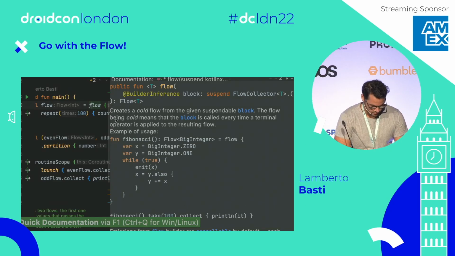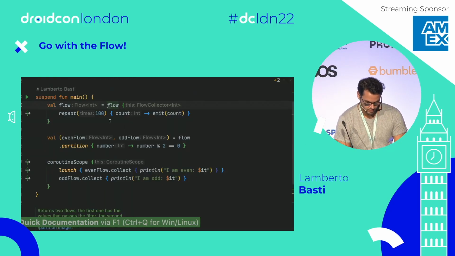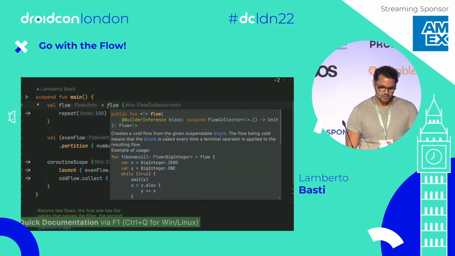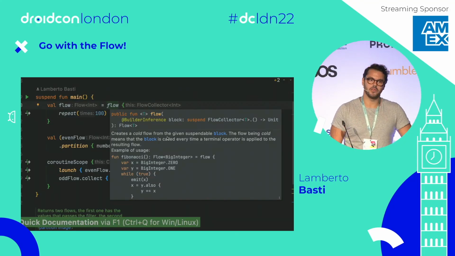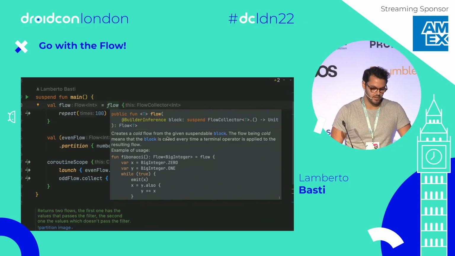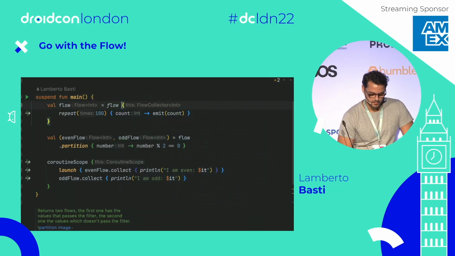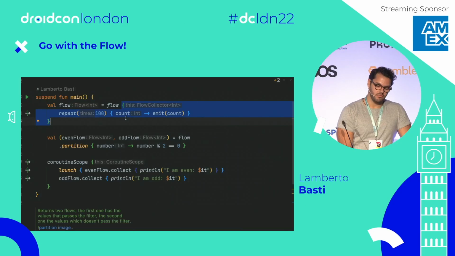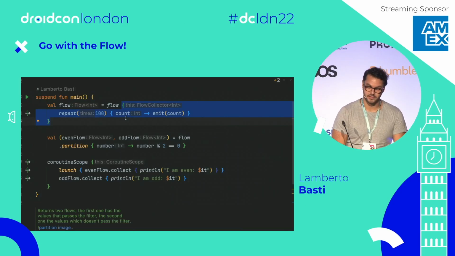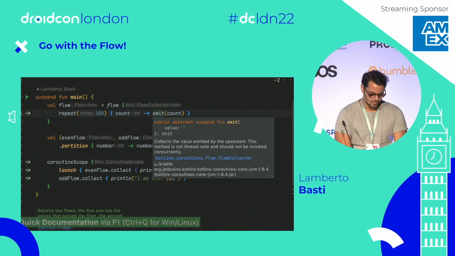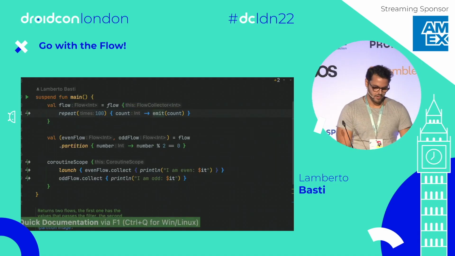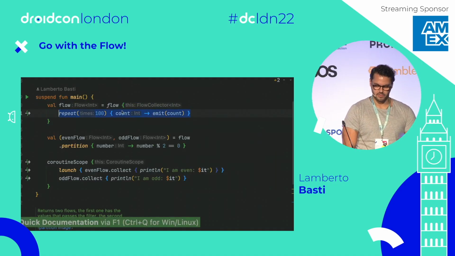It is used to generate a cold stream of elements, where inside this lambda you have a flow collector context. And in here, you just have this emit function available. So we are basically iterating 100 times and emitting that number from 0 to 99.